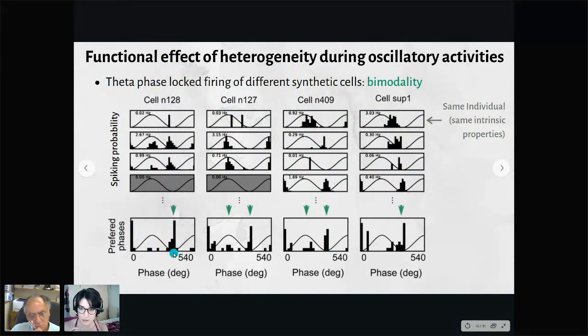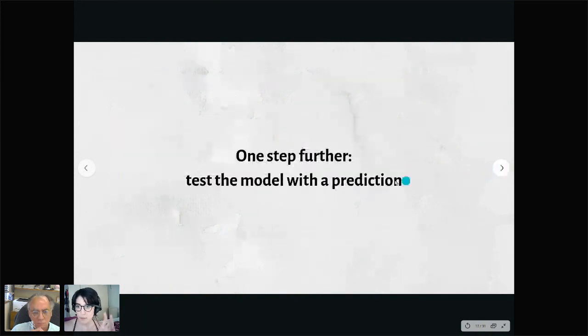We can see that most of the preferred phases are either in the trough or in the peak. So here we have an example of a non-fitted phenomenon, the bimodality we saw in the experimental data coming along. Maybe this is not enough to validate this model.